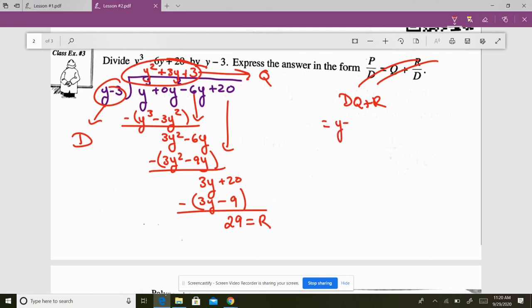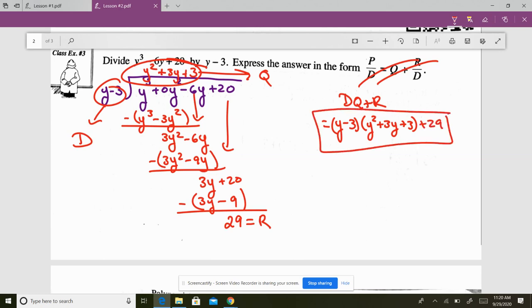Y minus 3 times y squared plus 3y plus 3 plus 29. Is that okay?